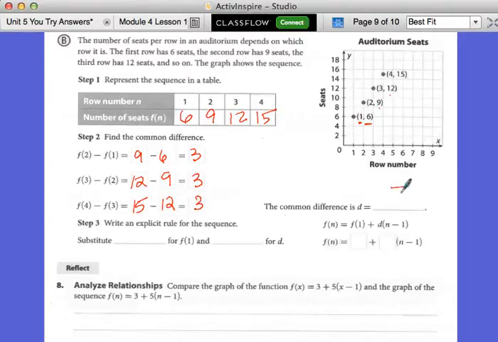So I know the common difference is 3. Then I substitute 6 for f of 1, and I substitute 3 for d. So here I have f of n is equal to 6 plus 3 times (n minus 1).